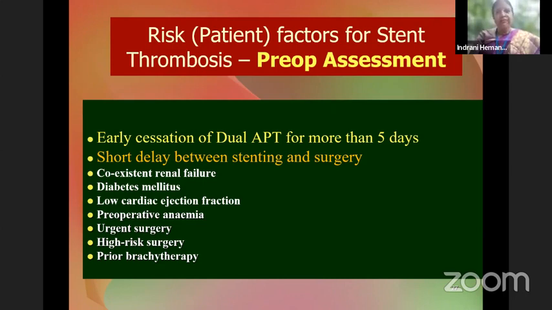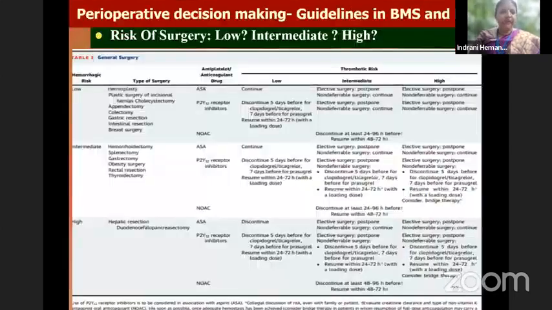Or a short delay between the stenting and surgery? These two questions you have to ask. Coexisting renal failure, diabetes, low cardiac ejection fraction, preoperative anemia. Is it an urgent surgery? Is it a high-risk surgery? Or is there any evidence of prior brachytherapy? So is the risk of surgery low, intermediate, or high?